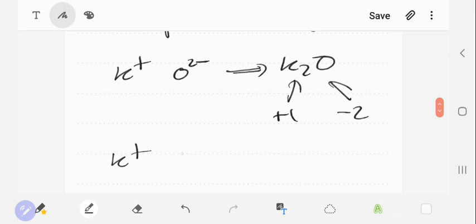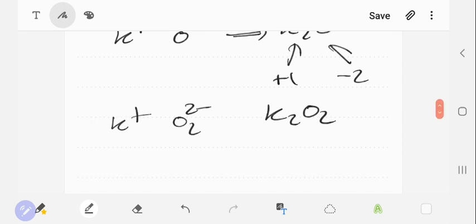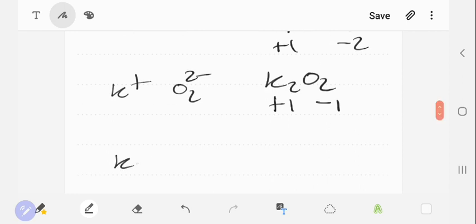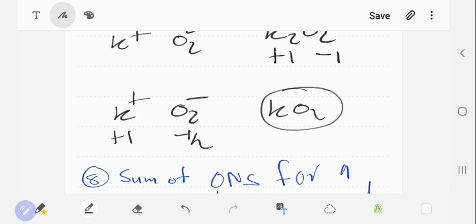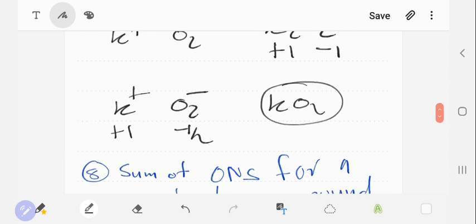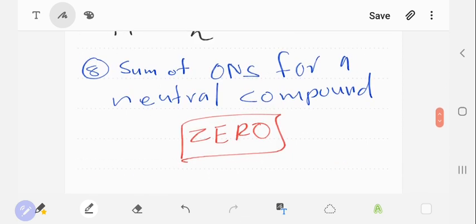Then K plus and O2 2- gives K2O2, potassium peroxide, where potassium is +1 but oxygen is -1. Then K plus and O2 minus gives KO2, potassium superoxide, where K is +1 and oxygen is -1/2. I applied this rule in a lot of places before, but we are officially studying it here.